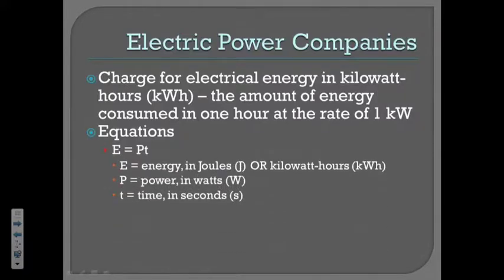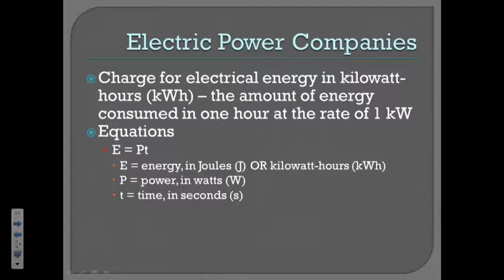The E is the energy in joules, or kilowatt hours. Joules and kilowatt hours are going to be very similar. Power is measured in watts, and T is measured in seconds.